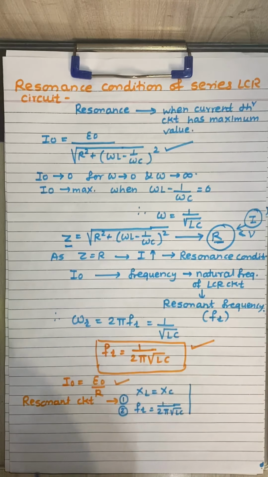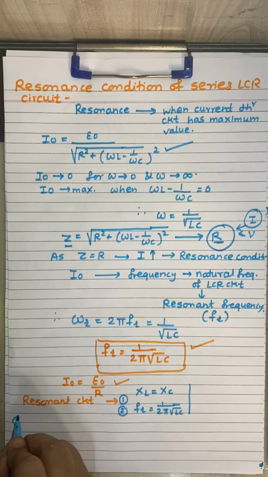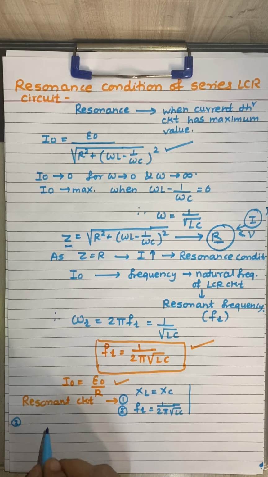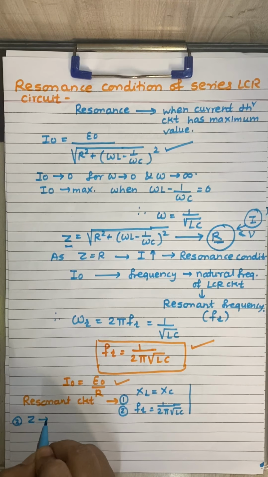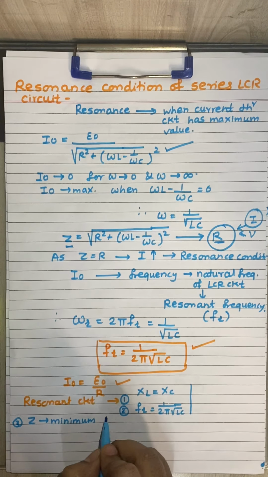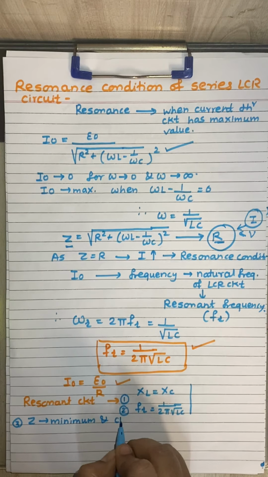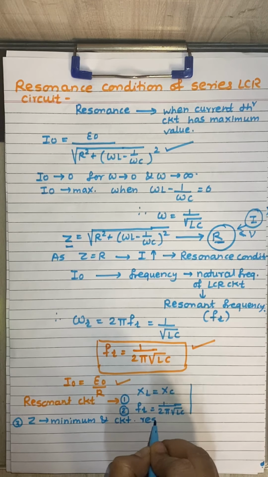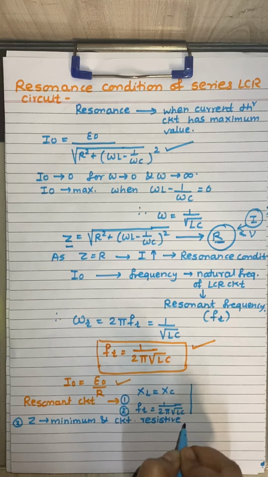The third point is that at that time Z becomes minimum and the circuit is purely resistive.